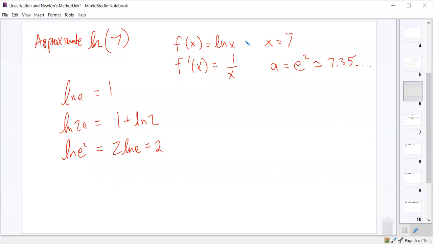From there, we just need to say that we want, and I'm not going to write all that other stuff out this time, I'm just going to say capital L of 7 ought to approximately be f of a, so natural log of e squared, plus f prime of a, 1 over e squared, times x minus a, so 7 minus e squared.